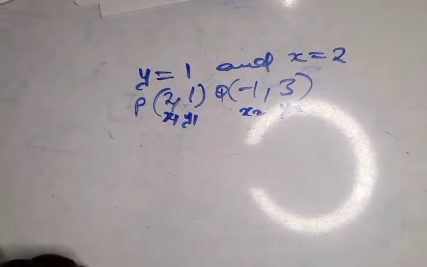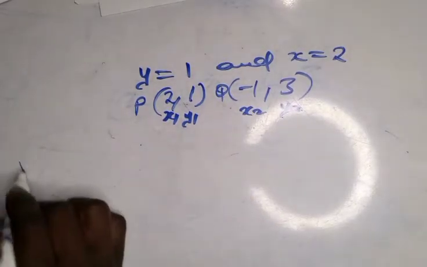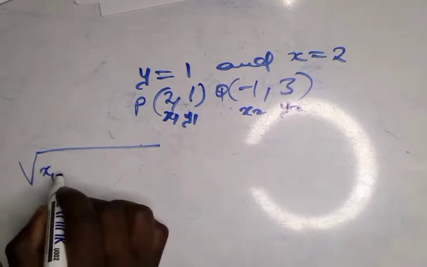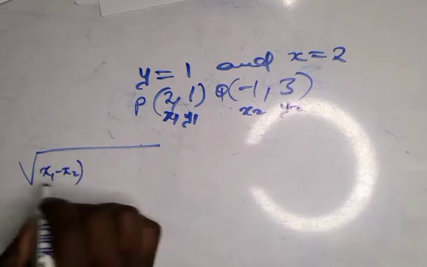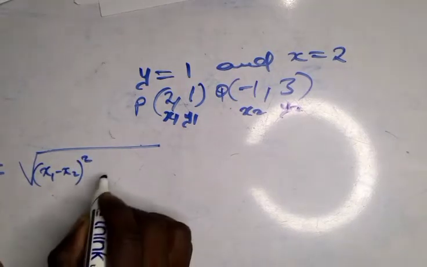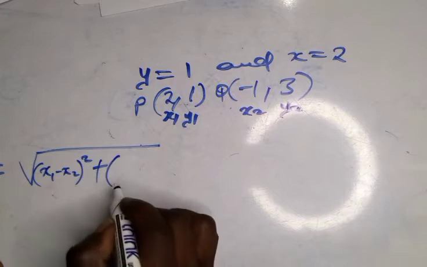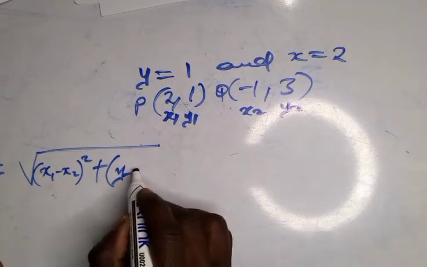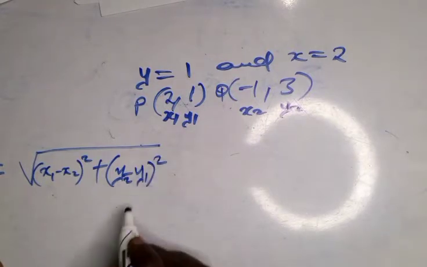Then now let's use this formula here. Square root of x1 minus x2, the bracket squared, we are finding the distance, then plus y1 minus y2 squared.